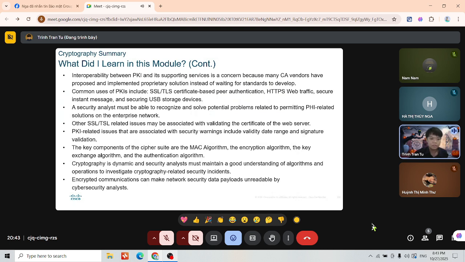An encryption suite consists of four elements: MAC, encryption, key exchange, and authentication. I have learned that cryptography is constantly evolving, so security professionals must continue to update their knowledge to counter emerging threats.